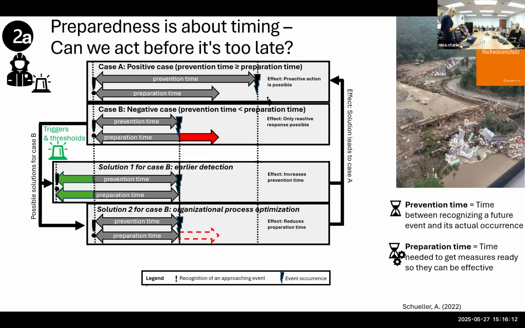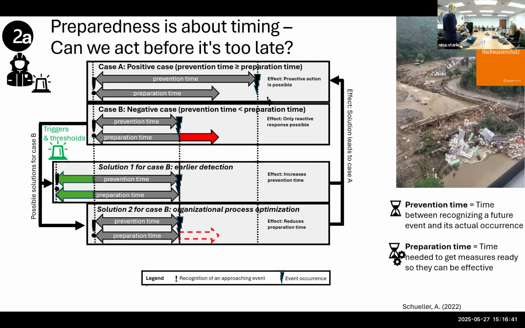As well, organizational process optimization, so that they understand our language as scientists, for instance, that we work with them together to build those triggers and thresholds, to bring them into their plans, or to work with them at the beginning together, to create something like dashboards where we work with them together, where they can collaborate, so that we speak one language.